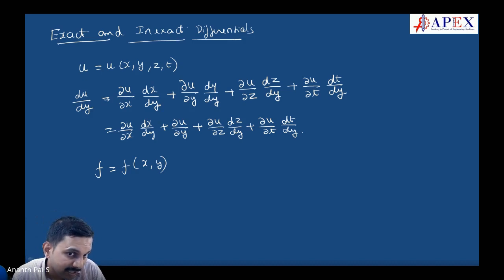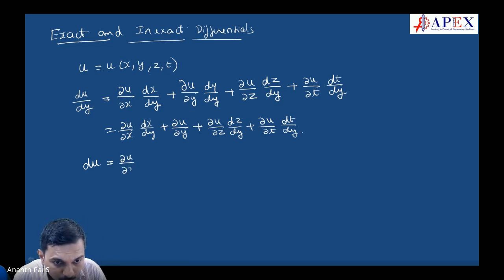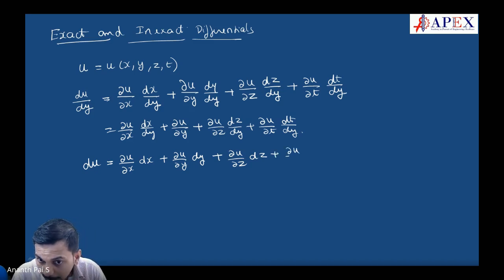See here dy, if I cancel dy here, I can write du as equal to partial u by partial x into dx plus partial u by partial y into dy plus partial u by partial z into dz plus partial u by partial t into dt.